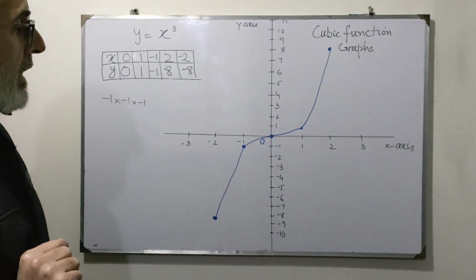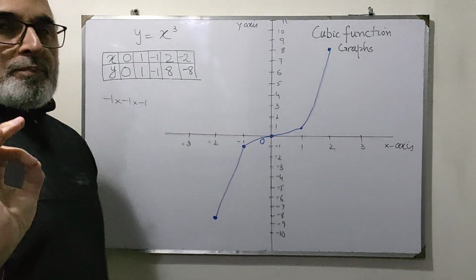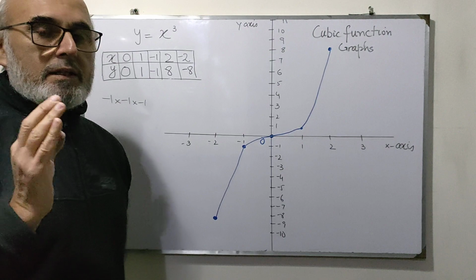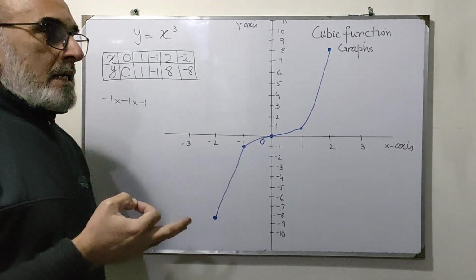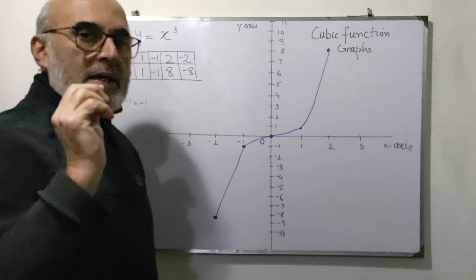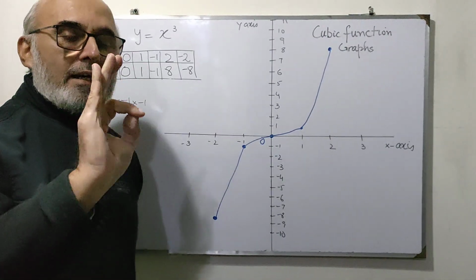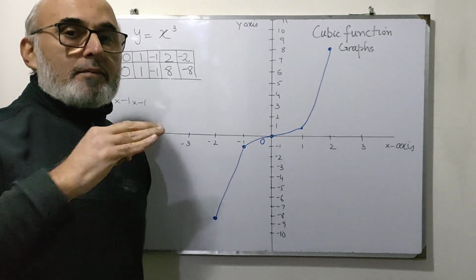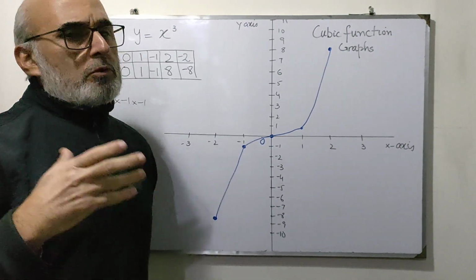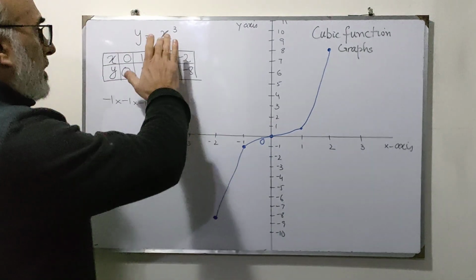Well, you can see that in the case of the cubic function graph, the graph may intersect the x-axis once, or it may intersect the x-axis to the maximum of 3 times, because it's a cubic graph.